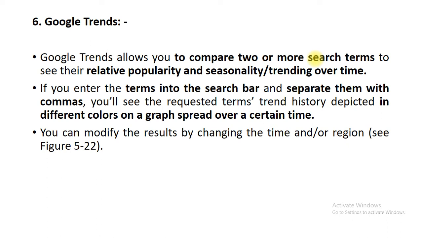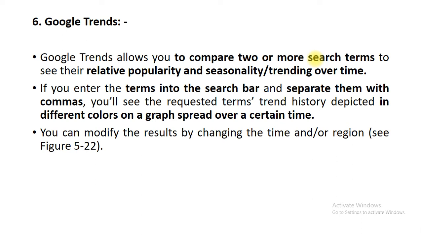So you can compare two or more search terms using Google Trends. If you enter the terms into the search bar and separate them with commas, you will see the requested terms and trends history depicted in different colors on a graph spread over a certain time.